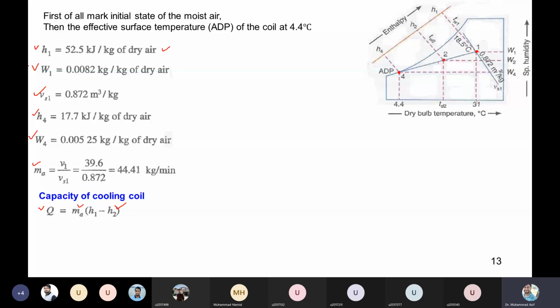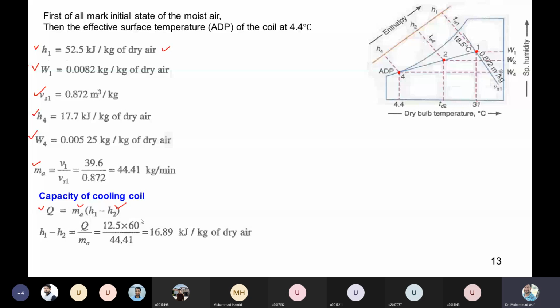If we can figure out any one property, we can locate that point. So from here, you rearrange and put in the value of Q, which is equal to 12.5 kilowatt. You divide by the mass and multiply by 60. That will be in units of kilojoule per minute, because the mass flow rate is per minute, so you should have the same unit.